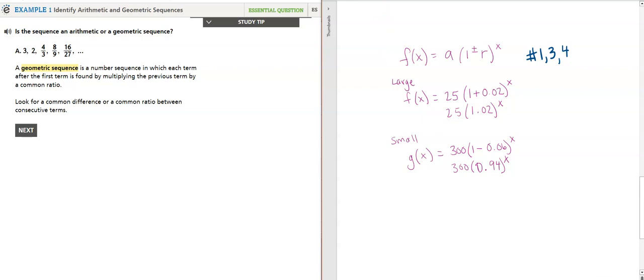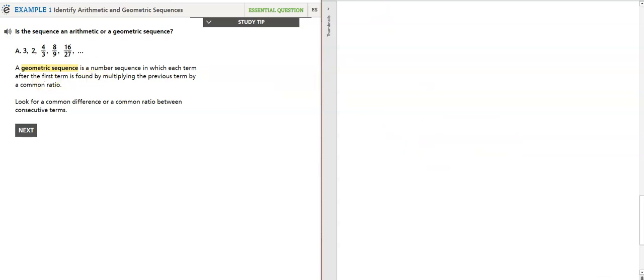So we are going to start looking at geometric sequences, just like linear functions and exponential functions.